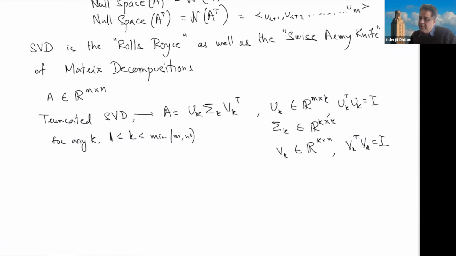Okay. And here's the very important property. Suppose I fix K. So you can actually take, for example, K equal to 1 or K equal to 2.